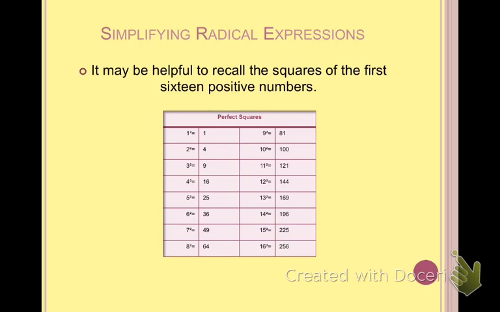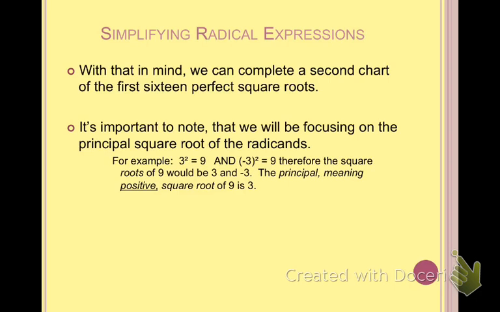So take some time and look at this chart and try to memorize it. You probably know at least the first 10 by memory already, but try to spend some time with some of those larger numbers if you don't know them already. Now, with that in mind, you can go ahead and complete the second chart of the first 16 perfect square roots.